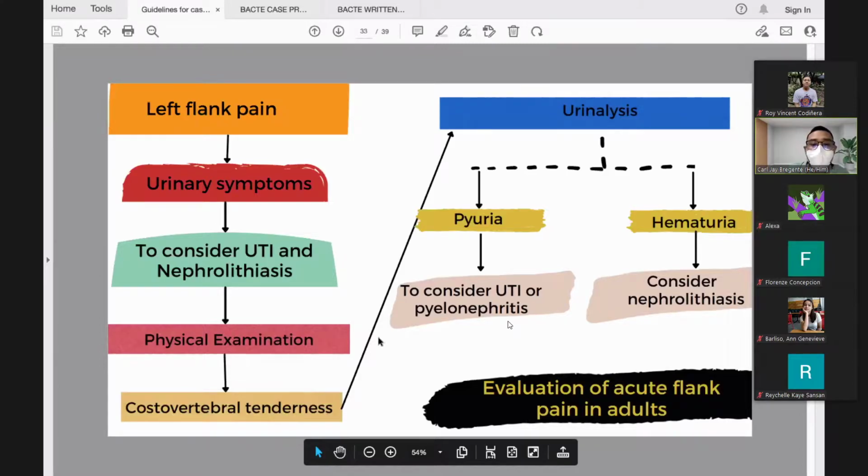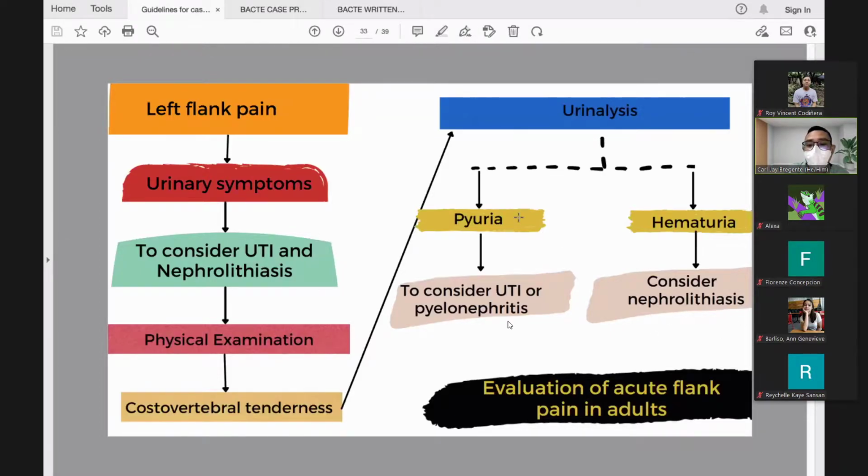The patient undergoes urinalysis. In the urinalysis, you have two major results: pyuria, because WBC is present as well as bacteria, and hematuria because RBC is present. If hematuria alone, you just consider nephrolithiasis.